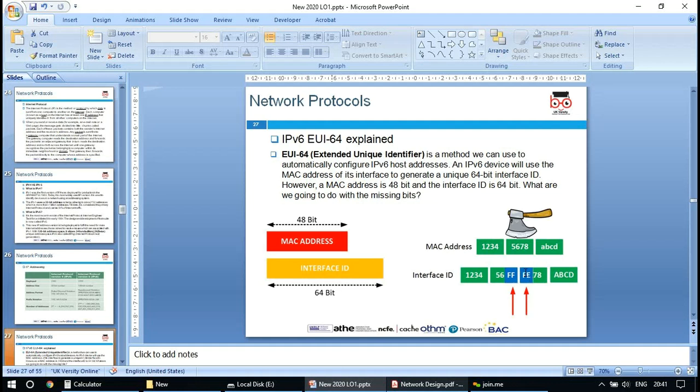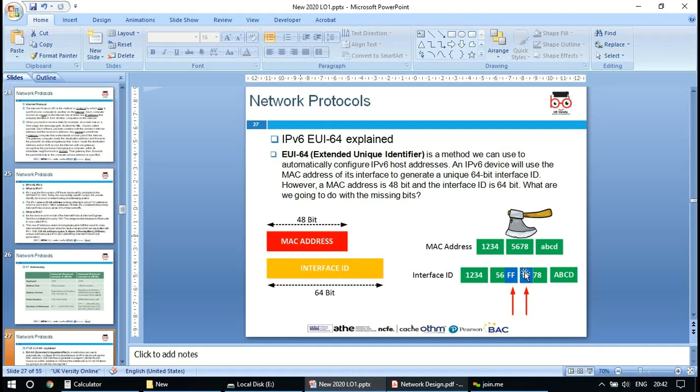So in IPv6 EUI, extended unique identifier, they put FF and FE in between four hexadecimal numbers. It helps them split the address for converting the old address into the new address.